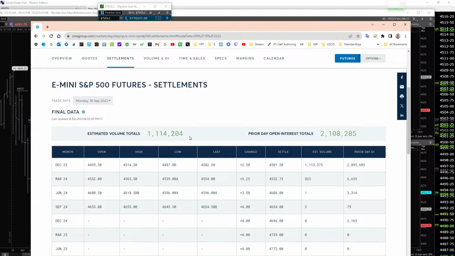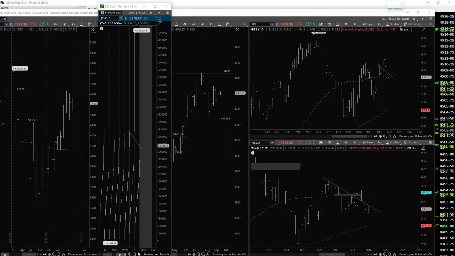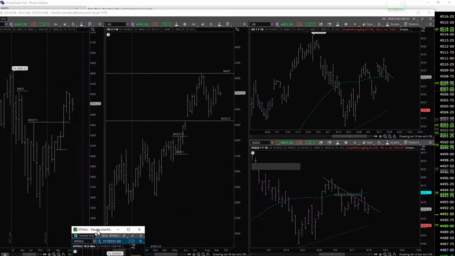What this tells me is that there's no interest in whatever is happening in this market. That amount of contracts traded, plus low volume here, shows no interest from bigger time frame traders, bigger time frame capital.